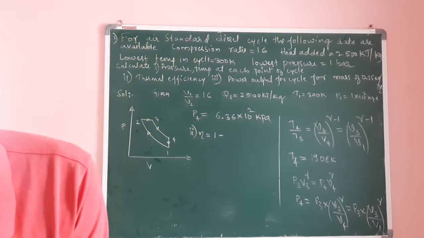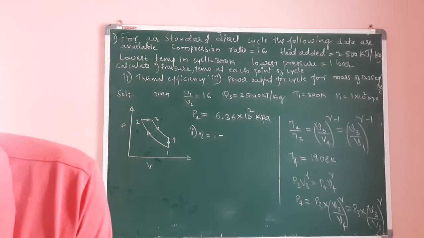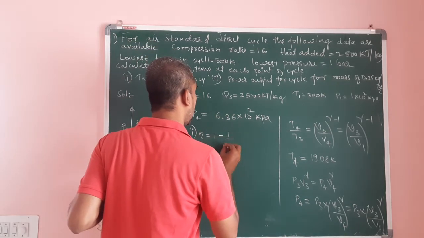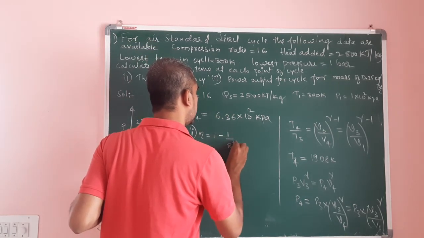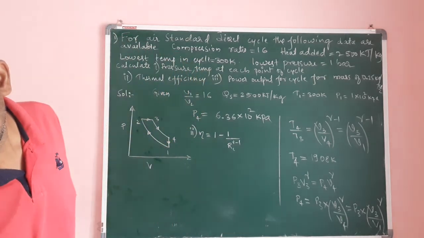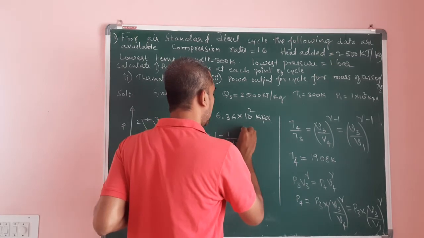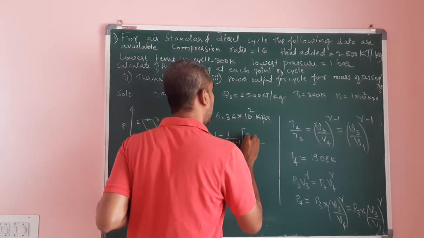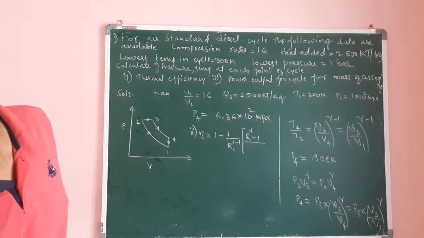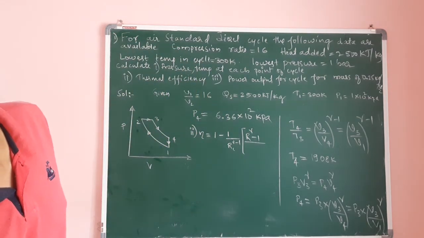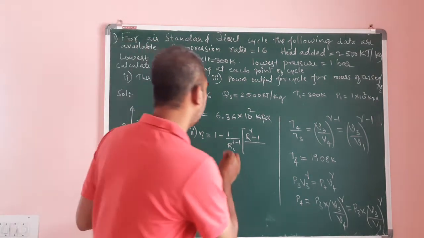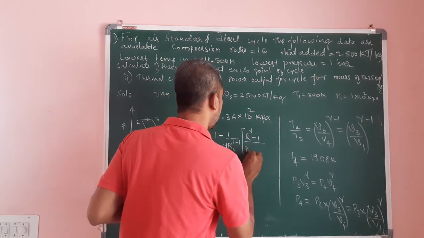That is 1 minus 1 divided by RC raised to gamma minus 1, into R raised to gamma minus 1 divided by gamma into RC minus 1.